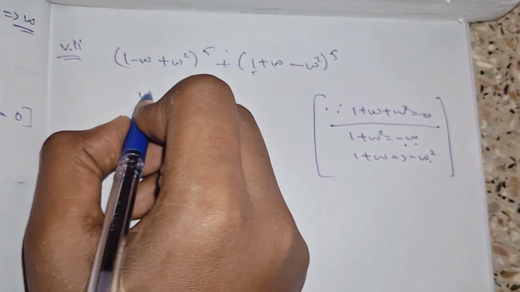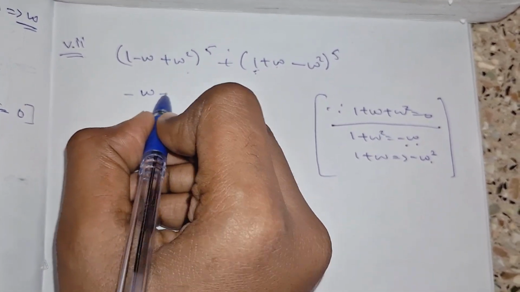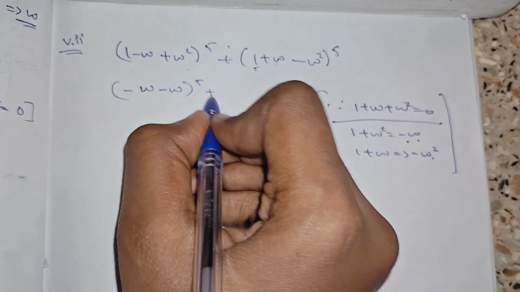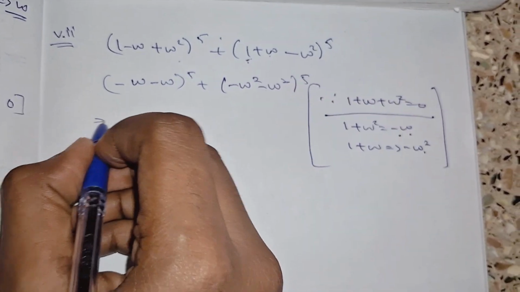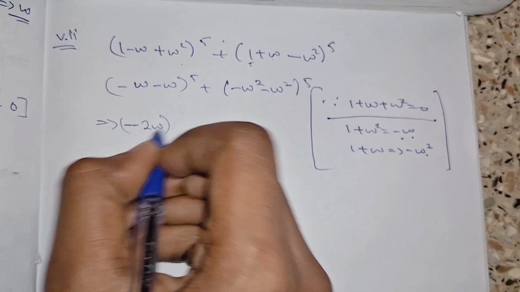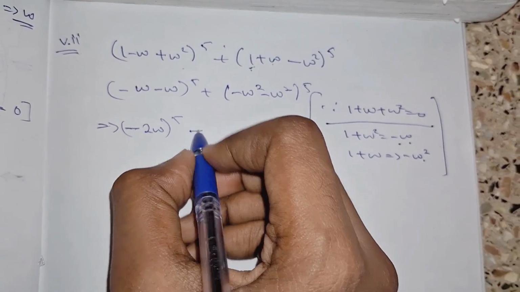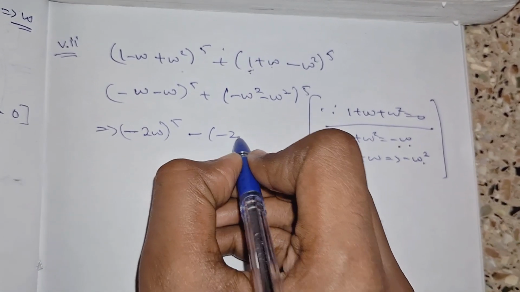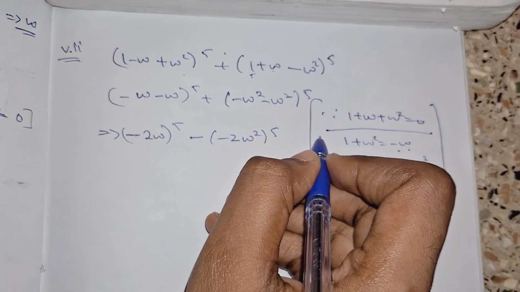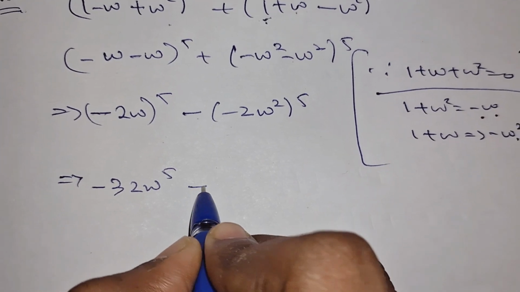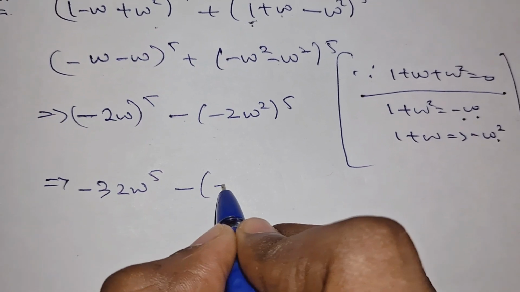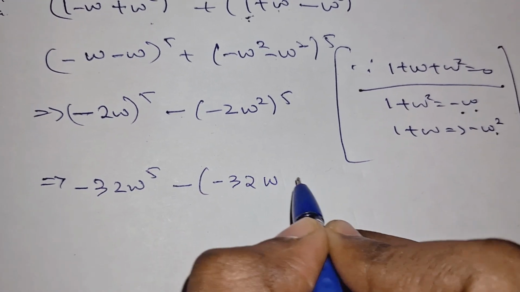If we substitute it, what we'll get is minus 2 omega to the power 5 plus minus 2 omega square to the power 5, which is nothing but minus 32 omega to the power 5 plus 32 omega to the power 10.